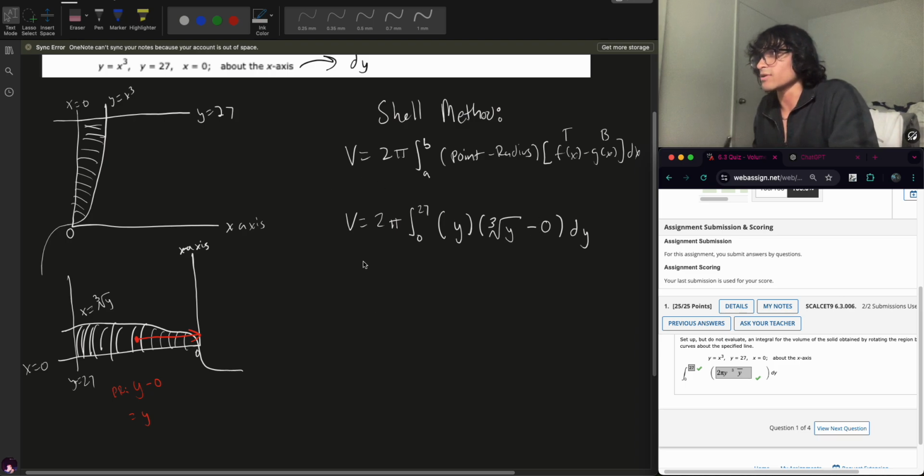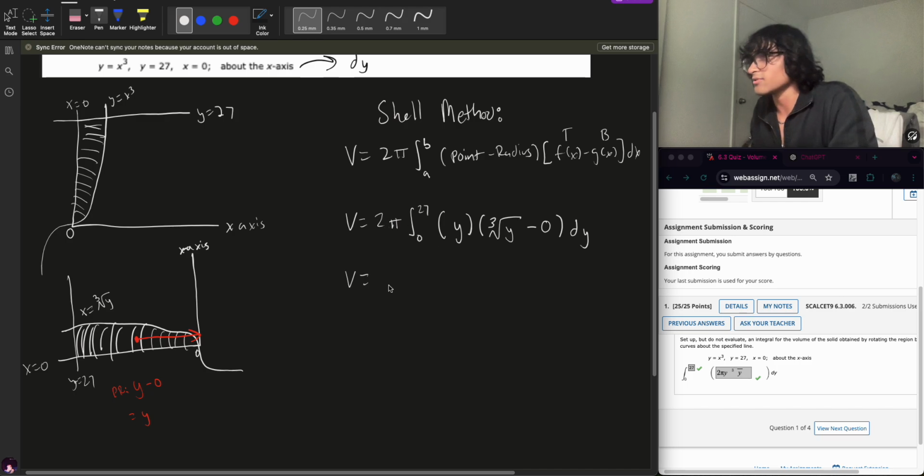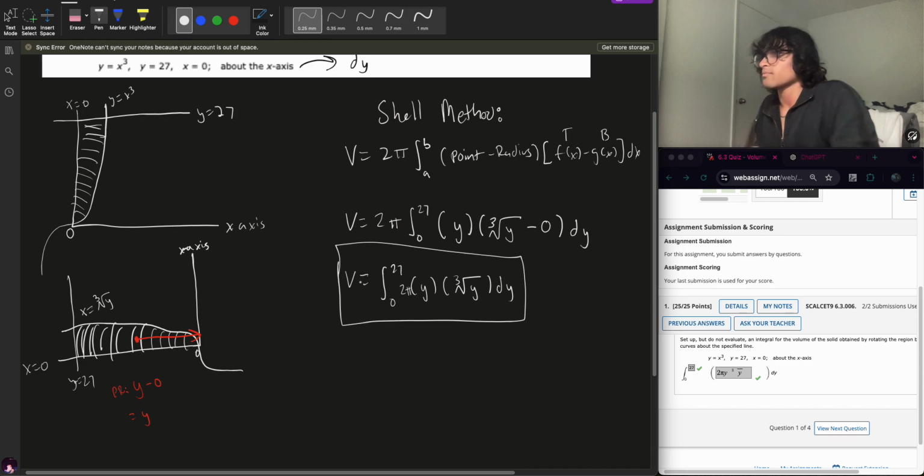You don't even have to write this minus 0. If you want, put this constant inside of here, which on WebAssign, it makes you do that. So the final answer would be the integral from 0 to 27 of y times the cube root of y dy, times 2 pi. Keep forgetting it. But yeah, that would be our answer for that.